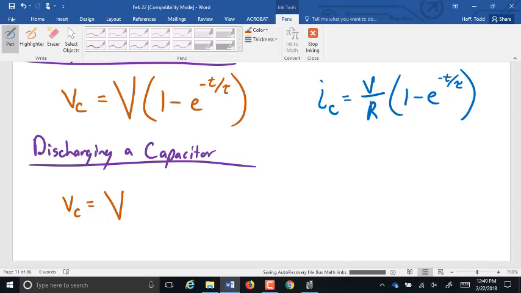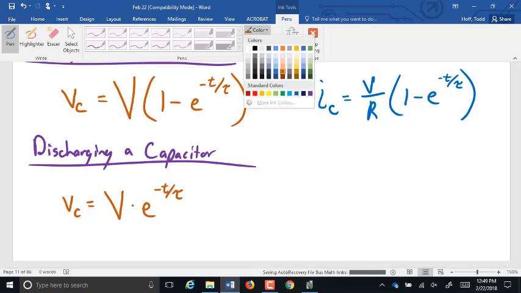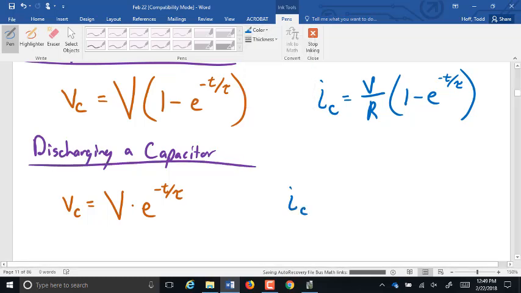That's still our voltage source voltage, times e to the negative t over tau. Notice it's just not with the 1 minus anymore. And of course, the current is the formula we just did.